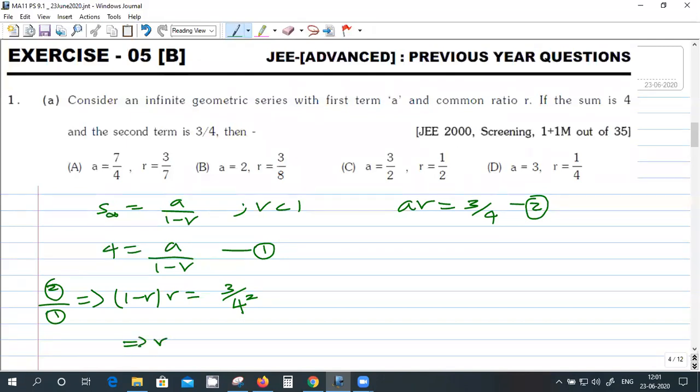So this will give r as 1 by 4 and this will give a as 1 or 3.